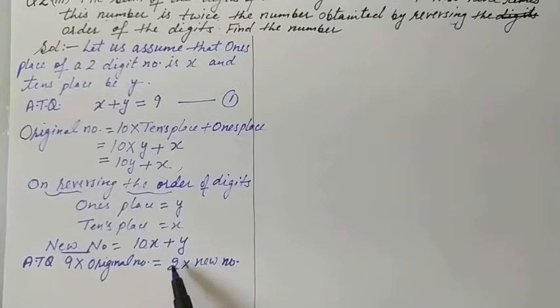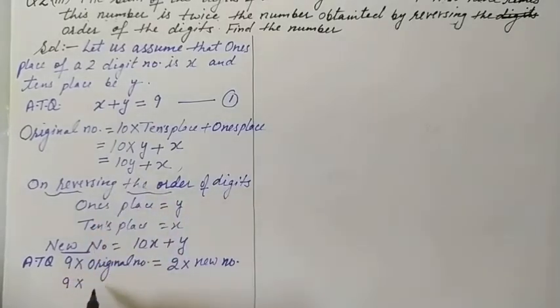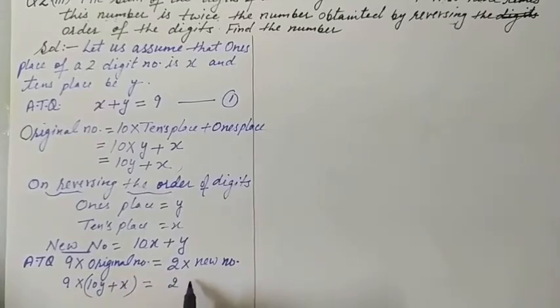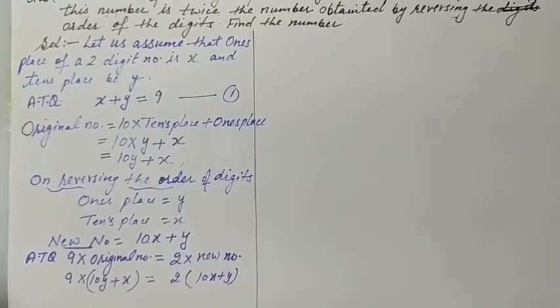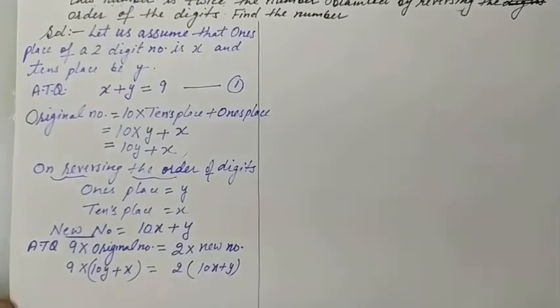So the original number is 10y plus x, in brackets, is equal to 2 into the new number, that is 10x plus y. So it is 9 into 10, 90y plus 9x, is equal to 20x plus 2y.